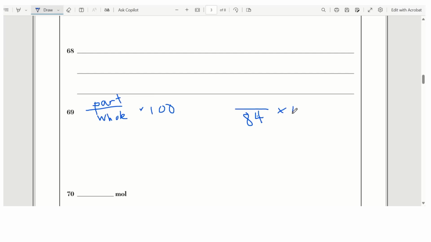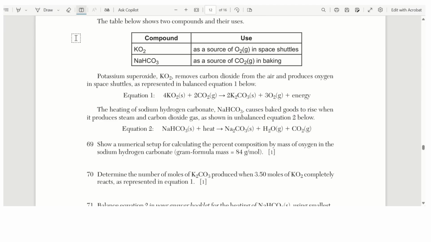I need the part, okay? And I have to keep the times 100. So it was asking me to find the percent composition by mass of oxygen in this. So here is the formula for sodium hydrogen carbonate. How many oxygens are in that formula? 3. What is the atomic mass? The molar mass of each mole of oxygen is 16.